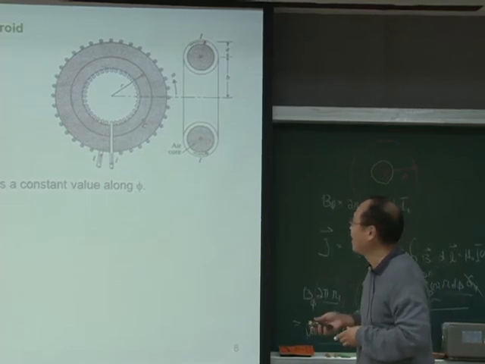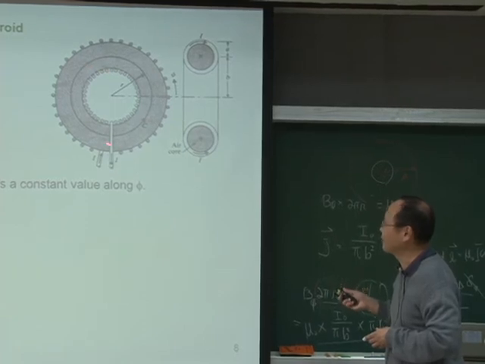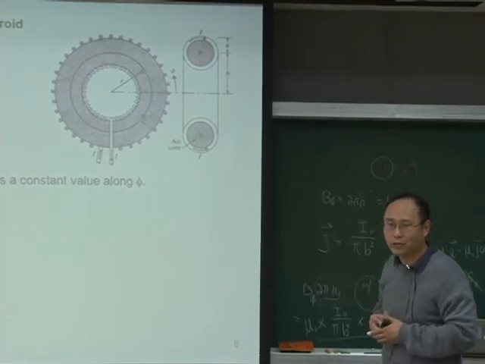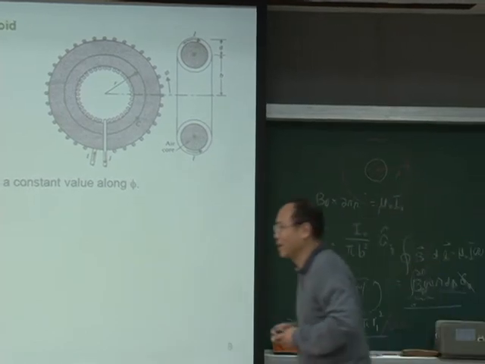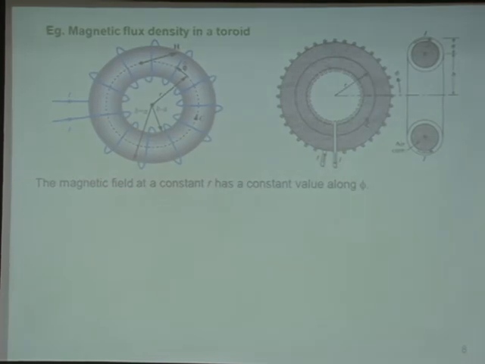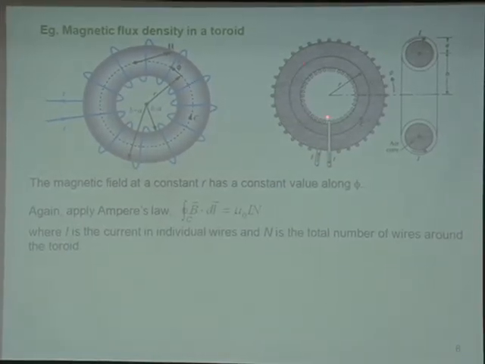Okay, good. Now, because of symmetry, you know that the magnetic field is along this phi direction. So the calculation you have to do is that pick up the Ampere's law, okay, and then do a closed path integration along this path, okay.